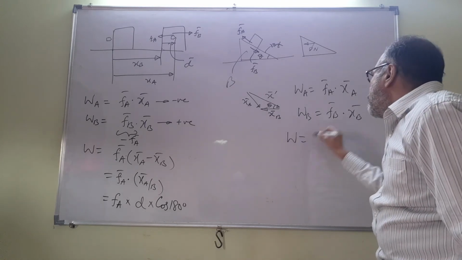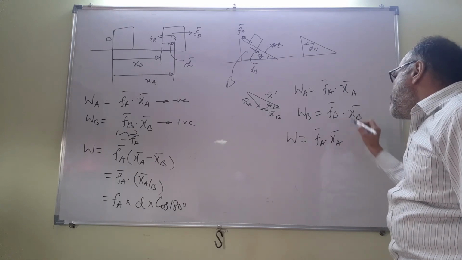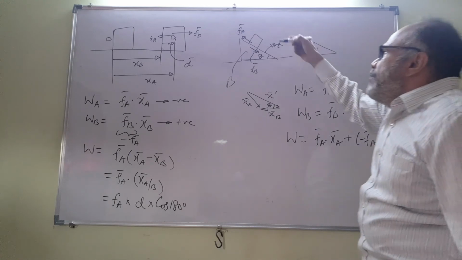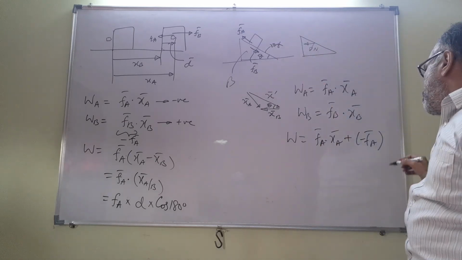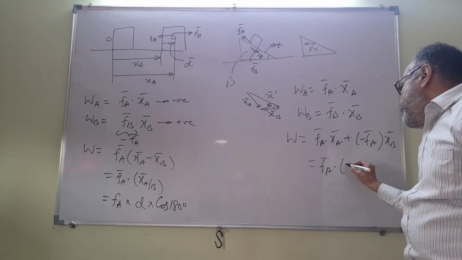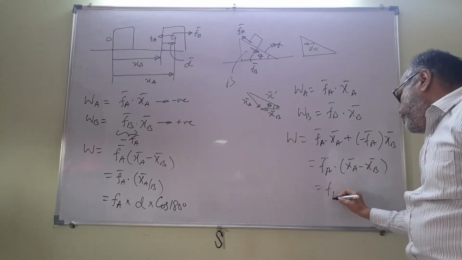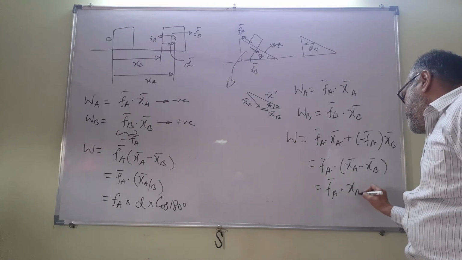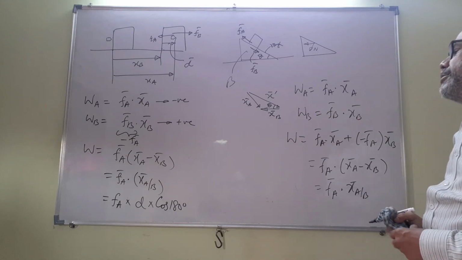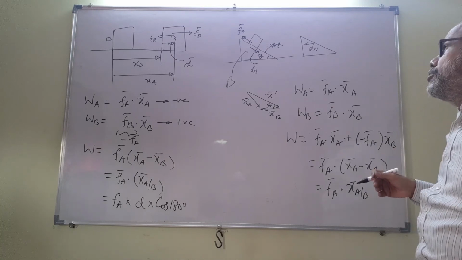So the total work, you add up these two: FA dot XA, and instead of FB we put minus FA, because FA and FB are equal and opposite by Newton's third law, into XB. So FA would be common and you would have XA minus XB. That would be FA dot XA with respect to B. That would be the total work done by the pair of frictional forces.